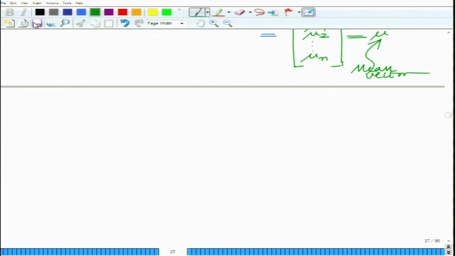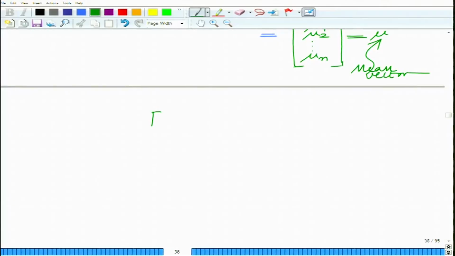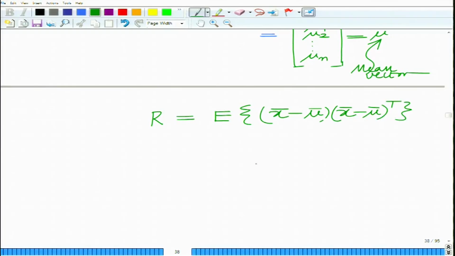And further, instead of the variance, we will have the covariance matrix, which looks at the variance of each component and also the cross covariance corresponding to each of the elements of this random vector. The covariance matrix is defined as follows, that is R equals expected value of x bar minus mu bar into x bar minus mu bar transpose.